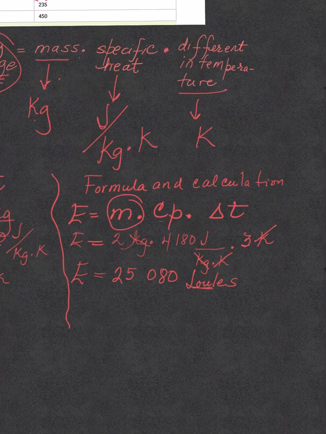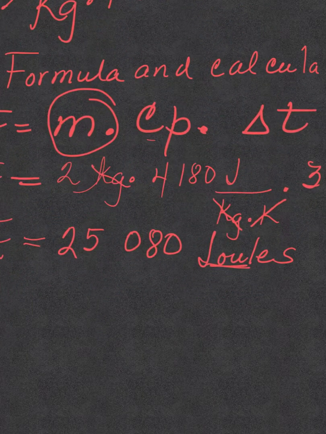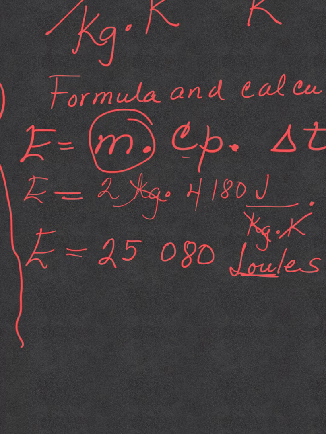So for changing the temperature of 2 kilograms of water by 3 Kelvin degrees, you need 25,080 joules of energy. And it is positive, because it's a gain. You are increasing the temperature. Let's say that the number is too big for you. You want to convert that into kilojoules. This is the base unit.